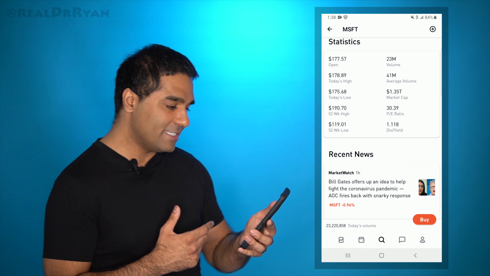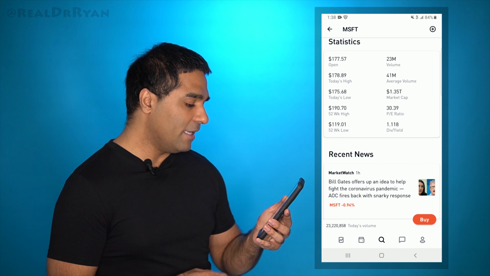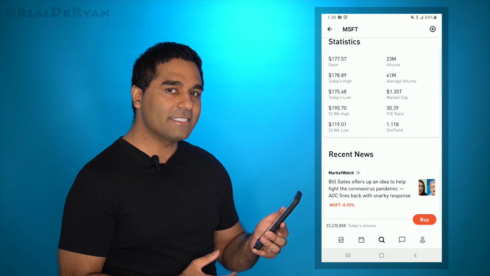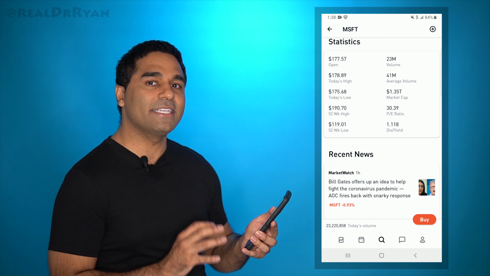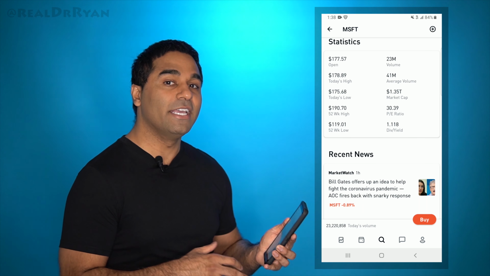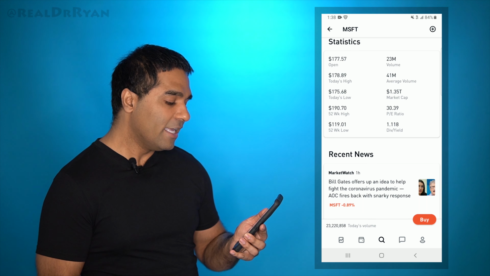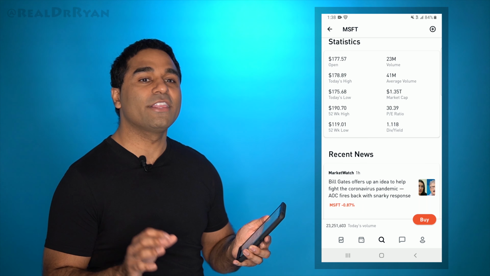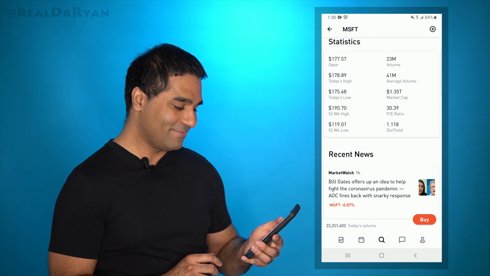For instance, in this example, you have Microsoft, and their PE ratio is 30.39. This means that the cost that this share of Microsoft is trading at currently is 30.39 times what their earnings are per share. You want the PE ratio to be as low as possible.